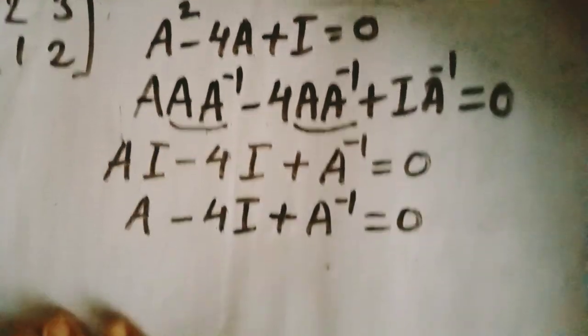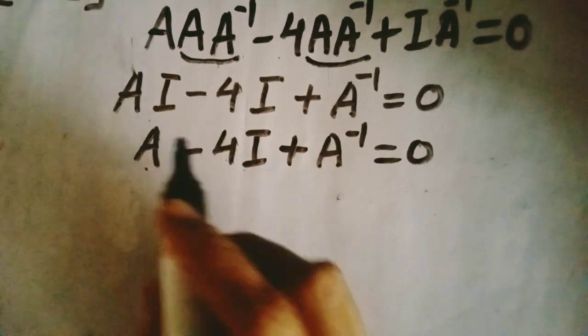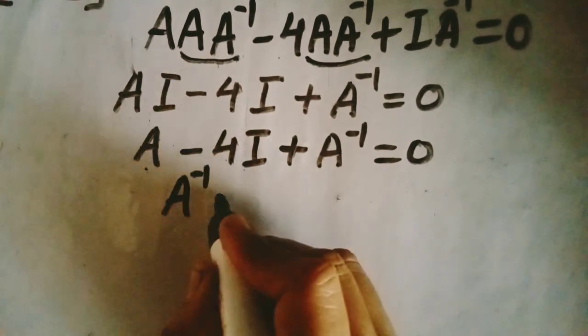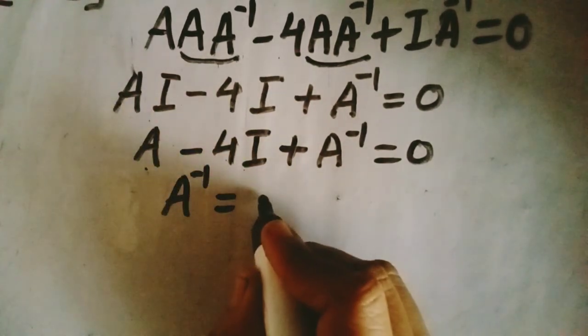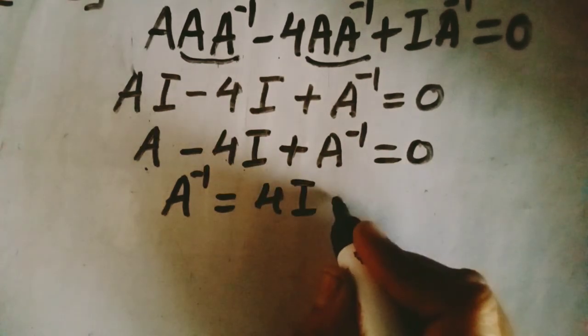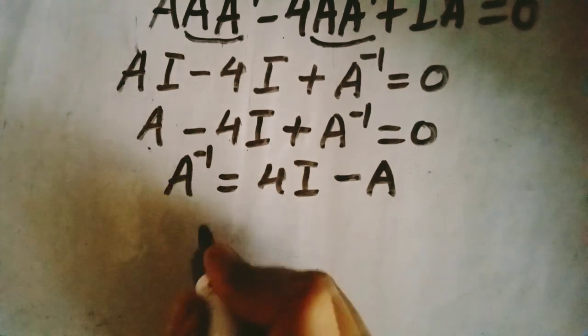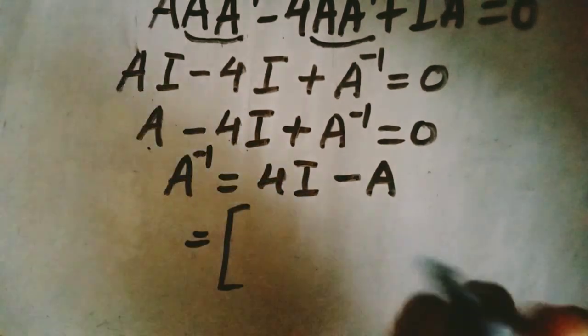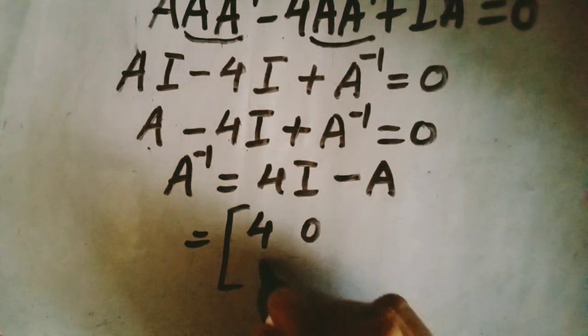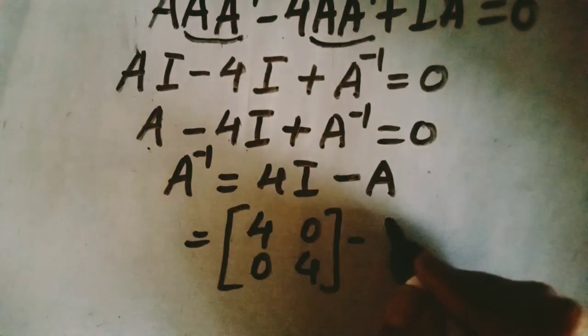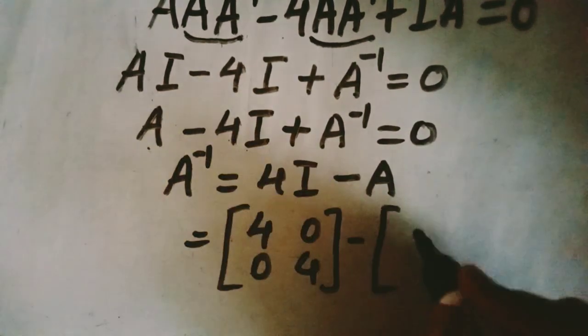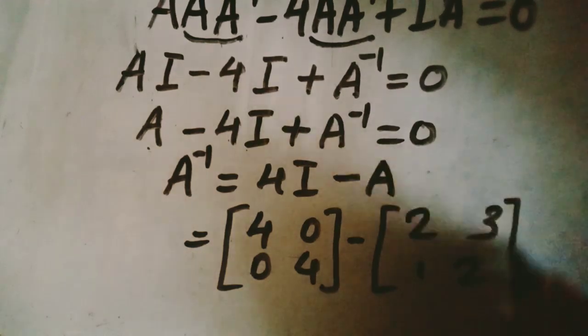Now you have to find A inverse, that is you have to take these numbers to that side, so it will be 4I minus A. Now put values of I, that is I is your identity matrix, so 4 0 0 4 minus your A matrix, that is 2 3 1 2.